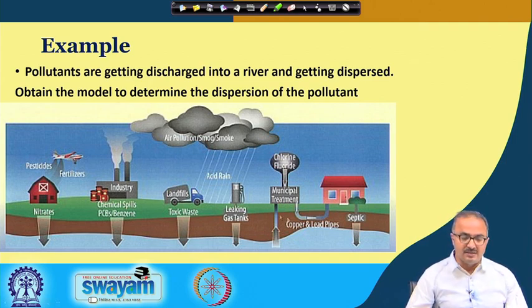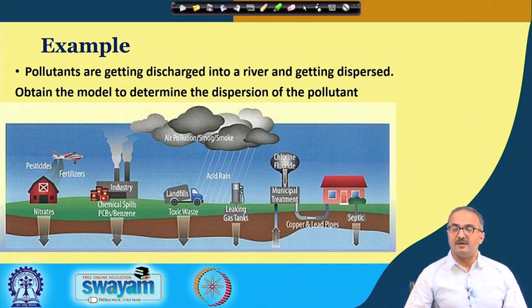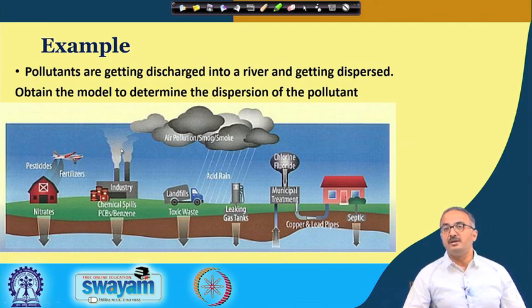Okay, and in this schematic figure that I have shown, you can see the various ways air pollution and water pollution may happen. From the various industries, the effluent gas that comes out may have very different types of components.